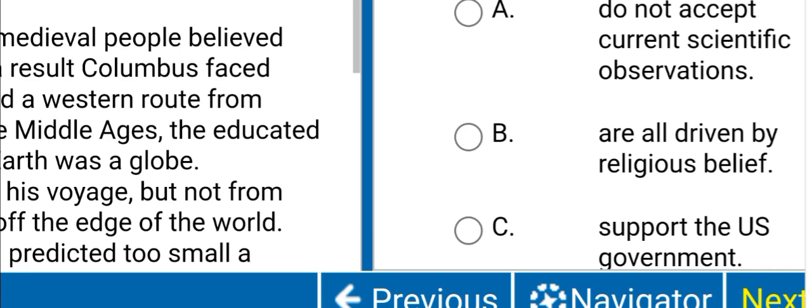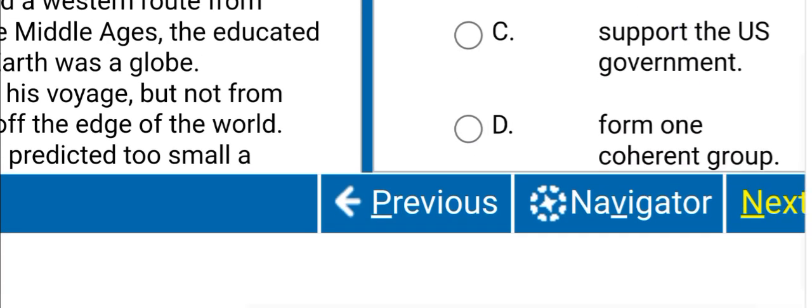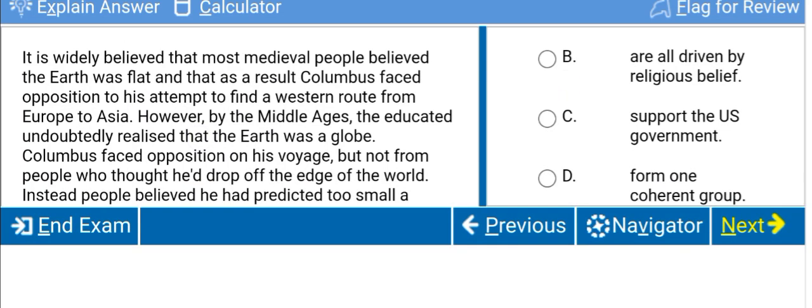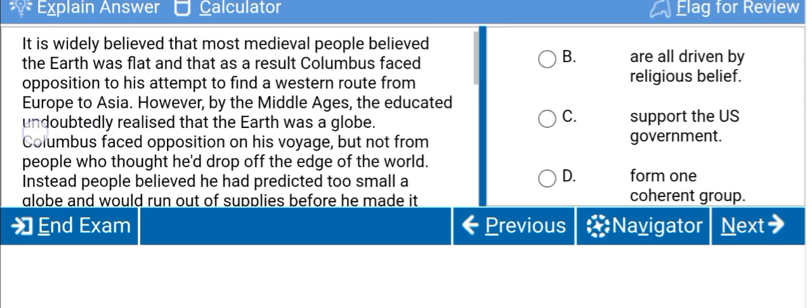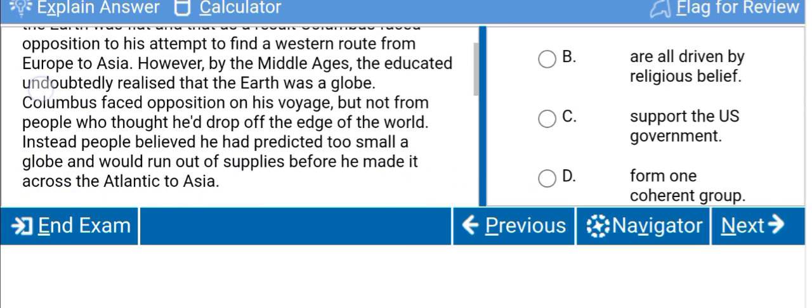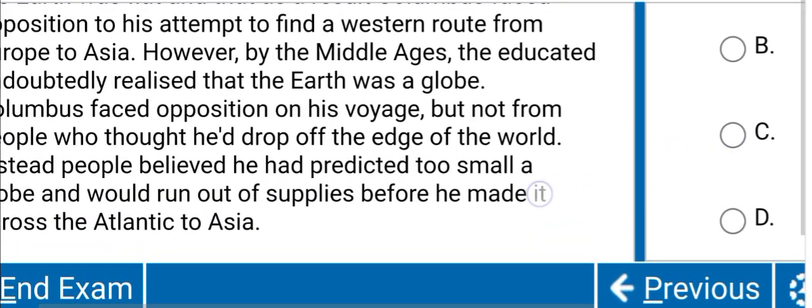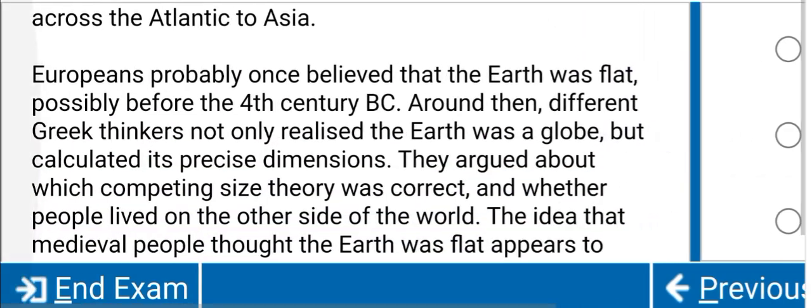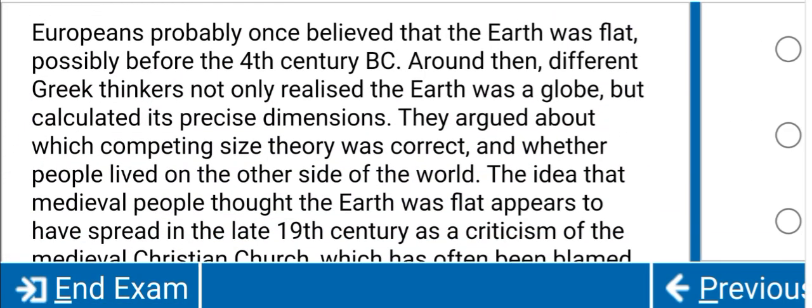Option C, support the US government. Option D, form one coherent group. So here we have these passages, and you can find your answer by using some keyword from the given statement.